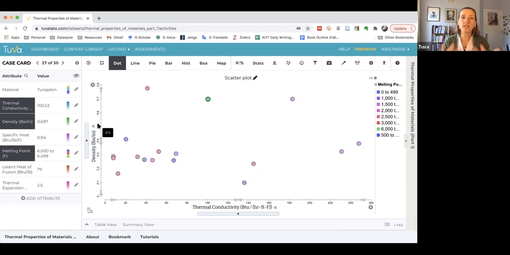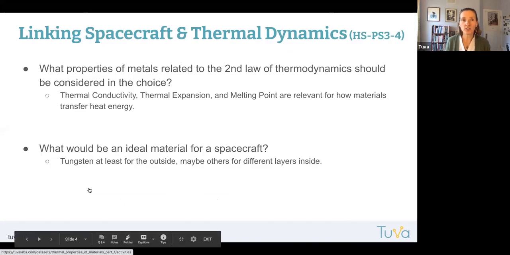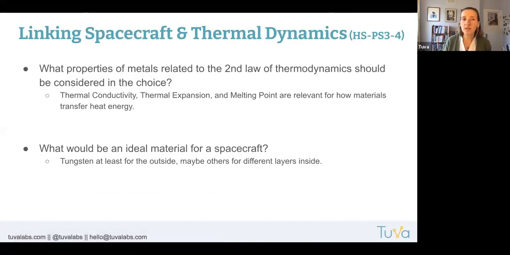We can continue to explore these data in different ways, thinking about how we could design the spacecraft to keep our astronauts safe. So through this activity, we can get a sense of what properties of metal relate to the second law of thermodynamics as it relates to this real world application. What do we really care about to keep our astronauts safe?